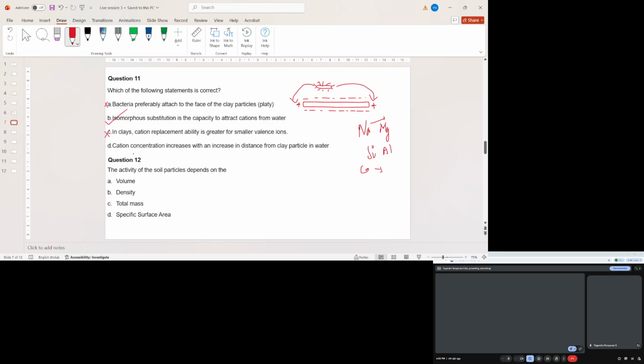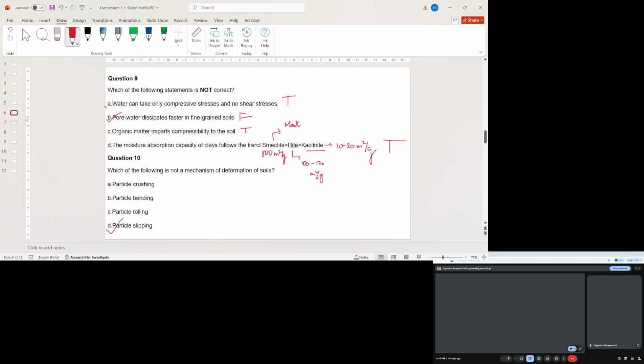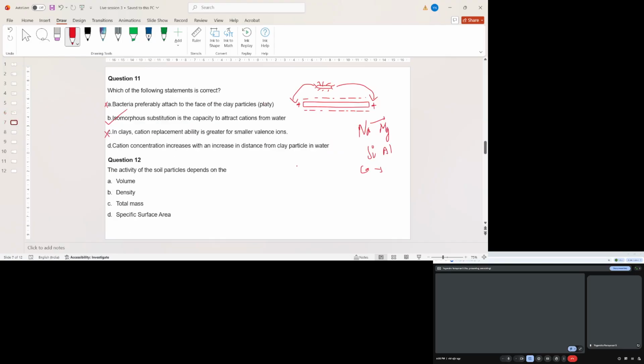Coming to the next option, cation concentration increases with an increase in distance from the clay particle in water. As I referred to in the previous diagram of clay structure, there is a negative charge at the face, then positive charges at the stern layer, followed by the diffuse layer, and followed by free water.